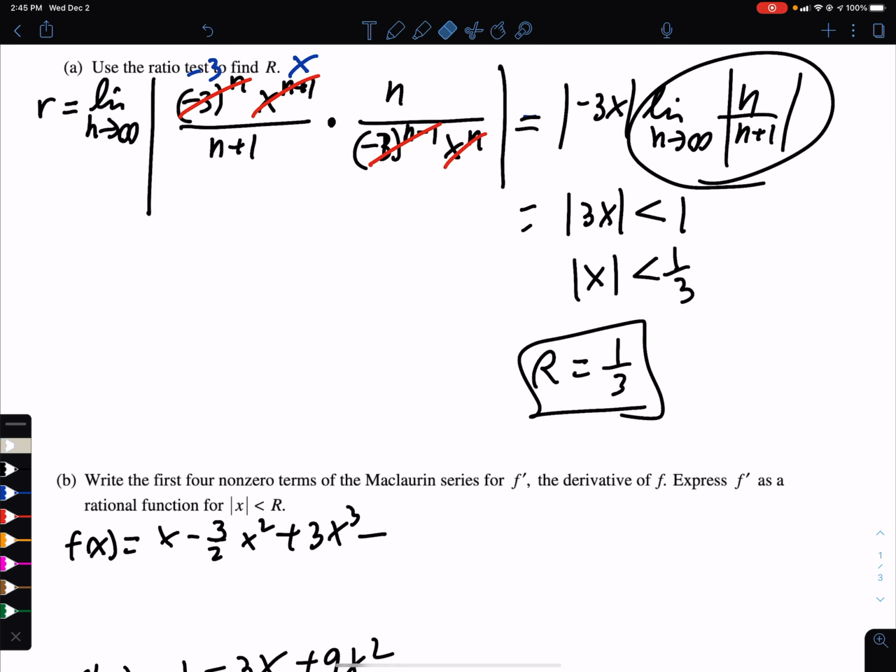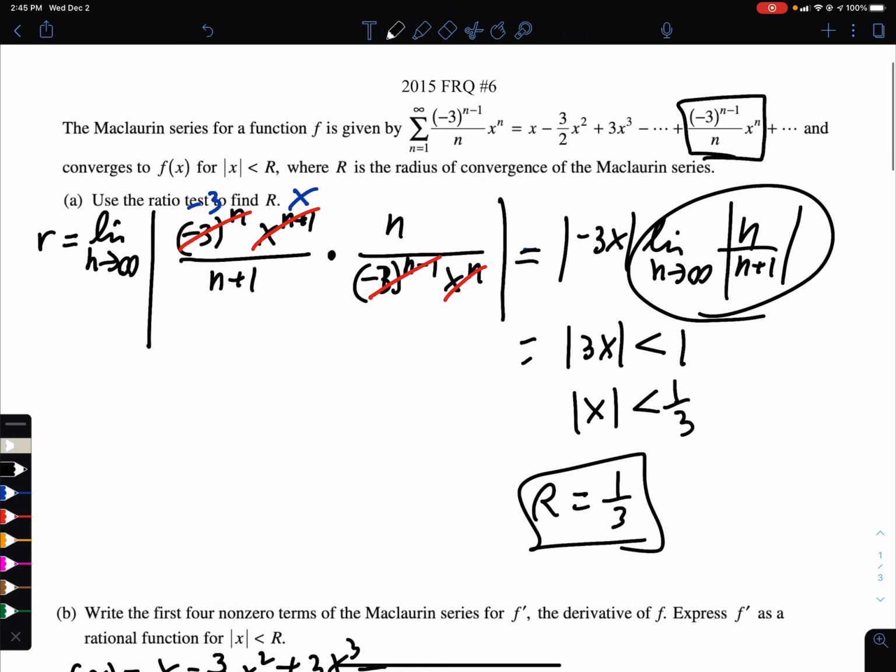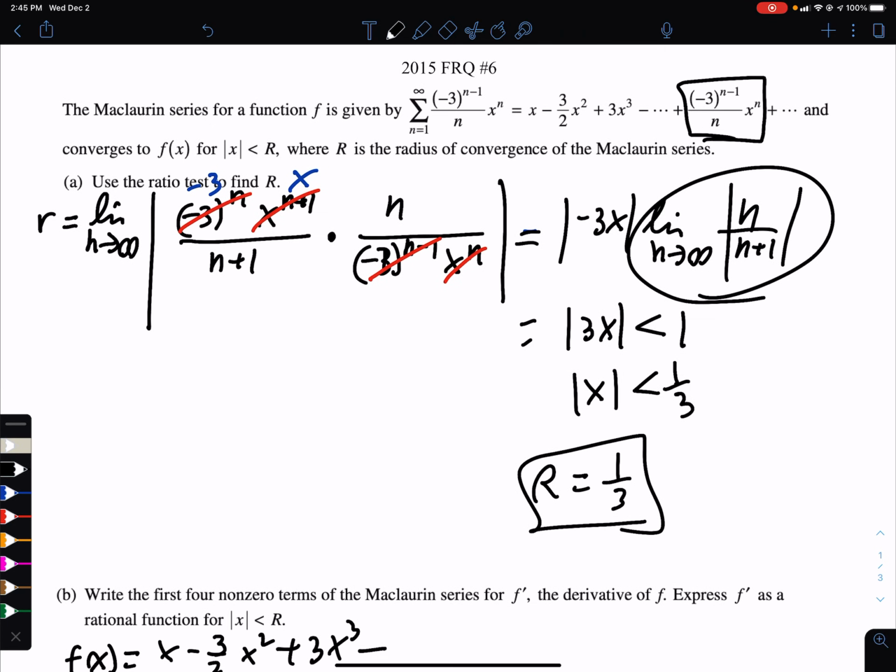Let me back up here, because I already have the cube term. So I want to plug in 4. If I plug in 4 here, I'm going to get 4 minus 1, which is going to be 3. So that's going to be negative 27 over 4.